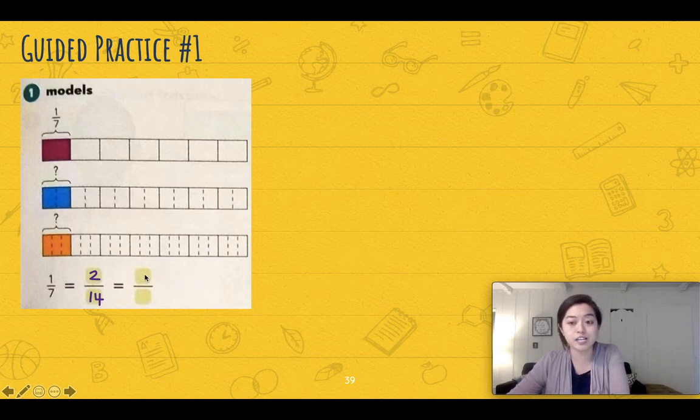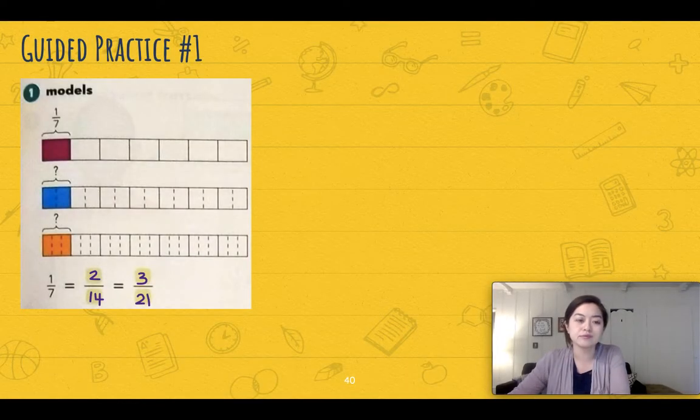The number of shaded parts, which is 3. So 1/7 is equivalent to 2/14, which is equivalent to 3/21, because I see that the shaded parts for each of the bar models represents the same parts of the whole.